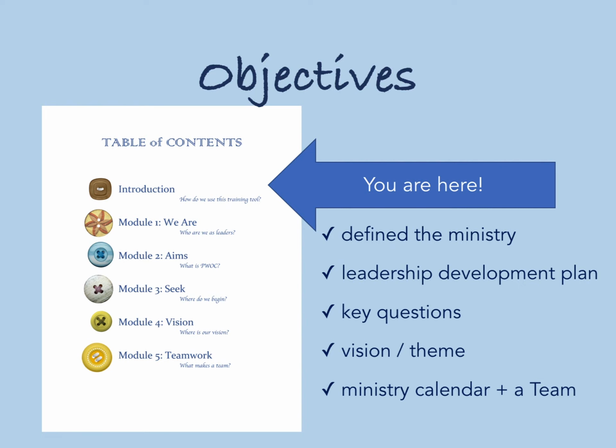Let's take a closer look at the table of contents page. This toolkit consists of 5 different modules. Each module in the toolkit has only 2 pages of visually rich content. To accompany each module, there is a 1-page worksheet you can find in the participant packet.